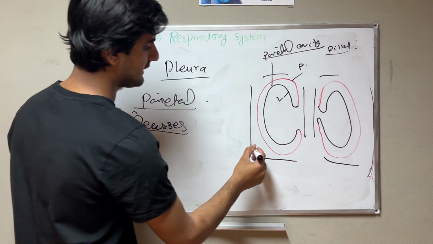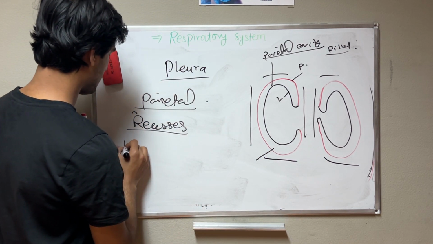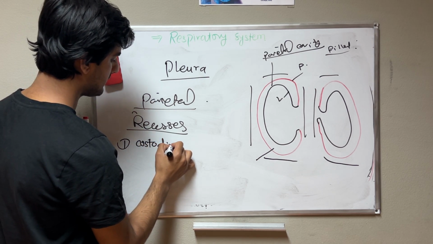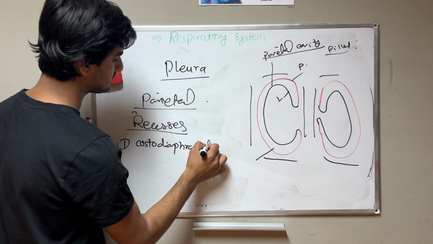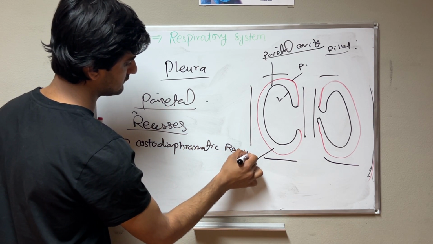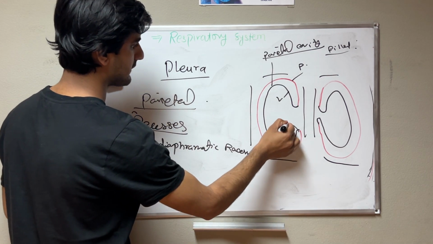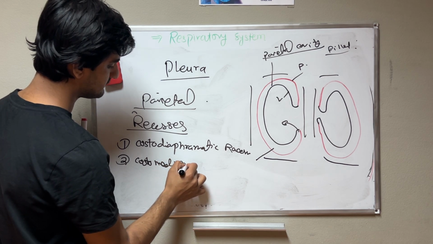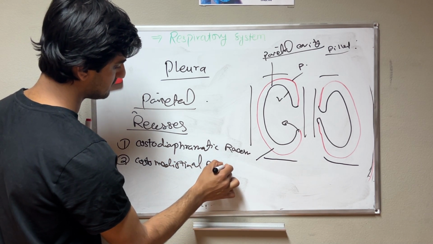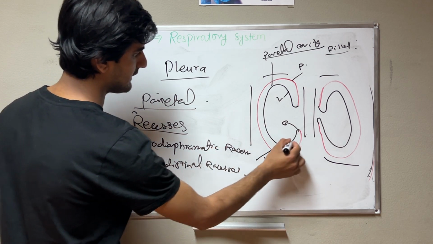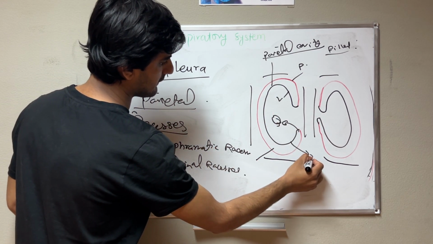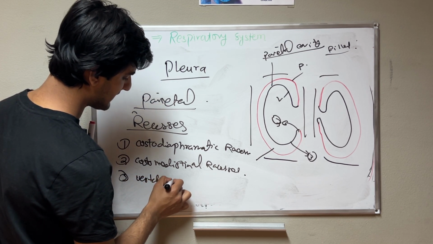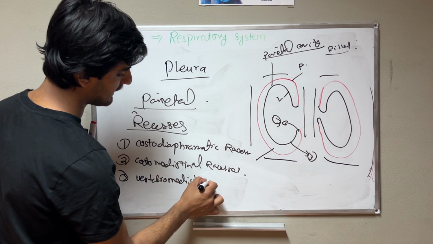Here we have, first, the costo-diaphragmatic recess. Then the costo-mediastinal recess, and third the vertebro-mediastinal recess.